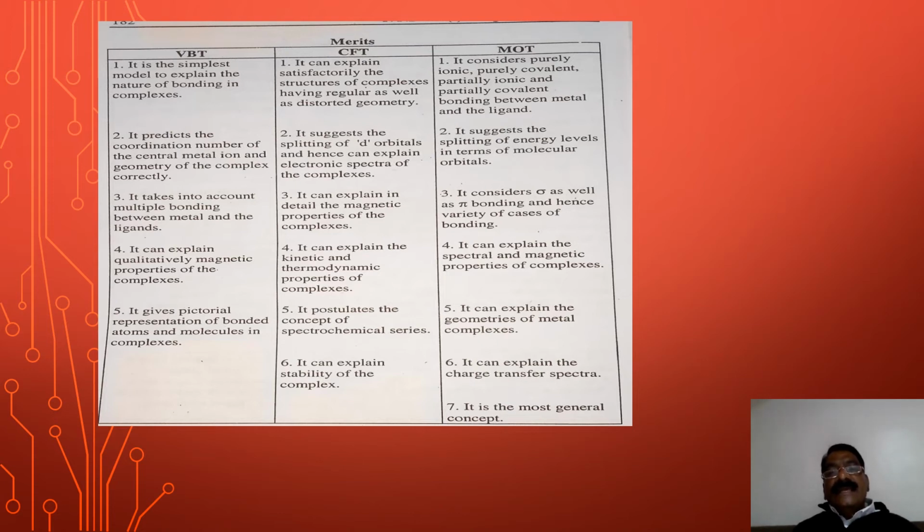Fourth, it can explain the spectral and magnetic properties of the complexes. Fifth, it can explain the geometries of metal complexes. Sixth, it can explain the charge transfer spectra. It is the most general concept among these three theories.